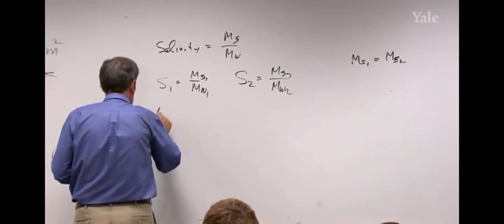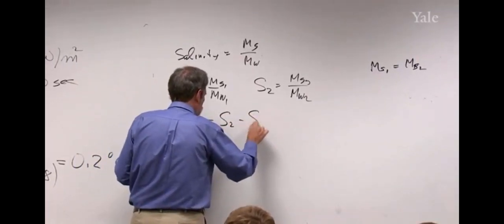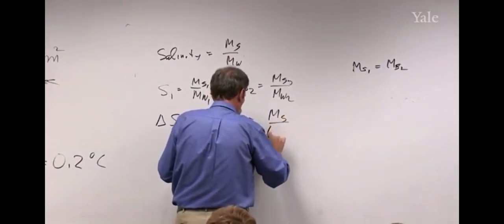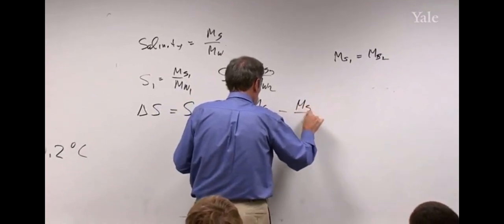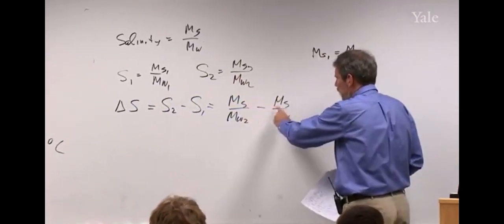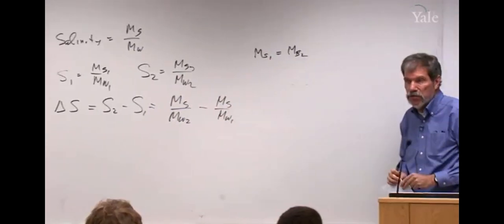I'm going to define the change in salinity as being S2 minus S1, and just using these formulas, that'll be MS over M water 2 minus MS over M water 1. And notice I've dropped the subscript now on the MS because I'm going to assume that the mass of salt doesn't change.